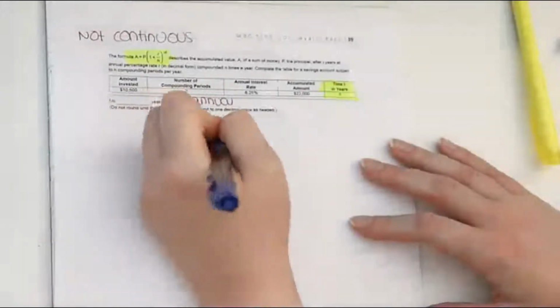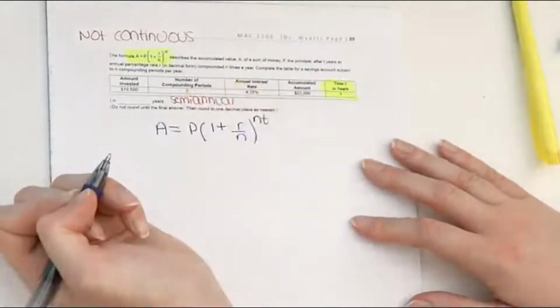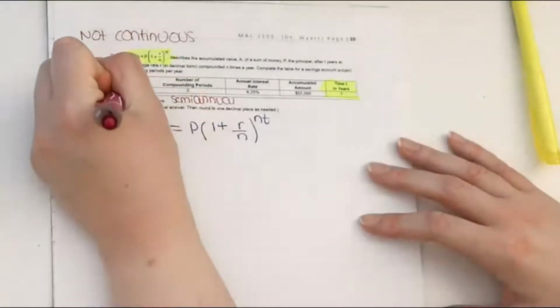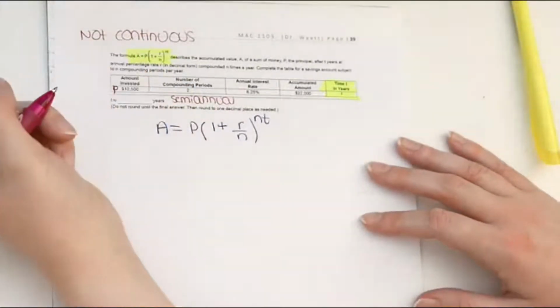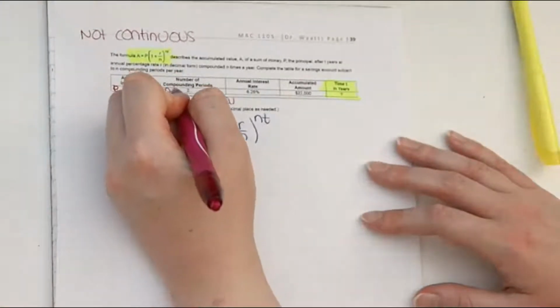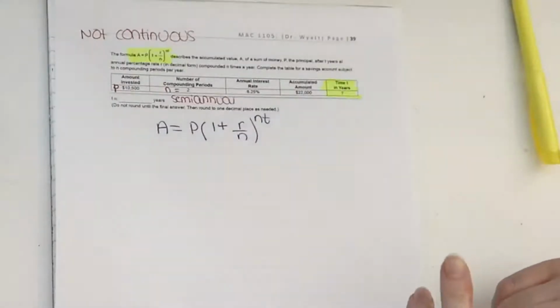So you would have A is equal to P times (1 plus r over n) to the nt. Now, the amount invested is going to be your principal. So P is going to be this 10,500. And then the number of compounding periods is your n. So n is equal to 2.